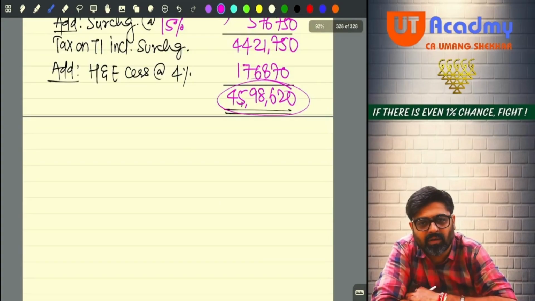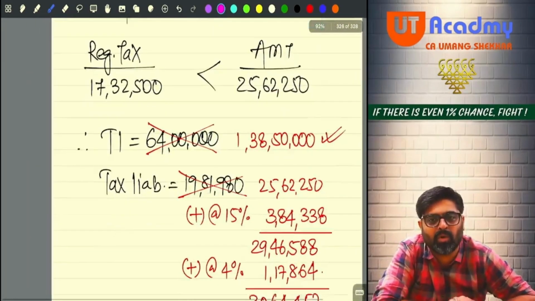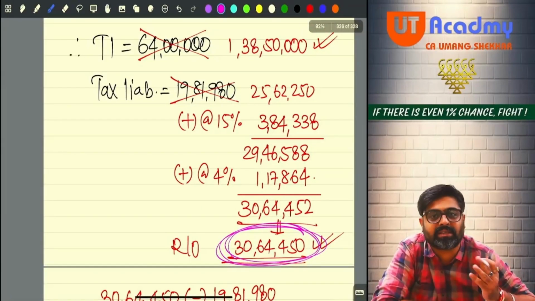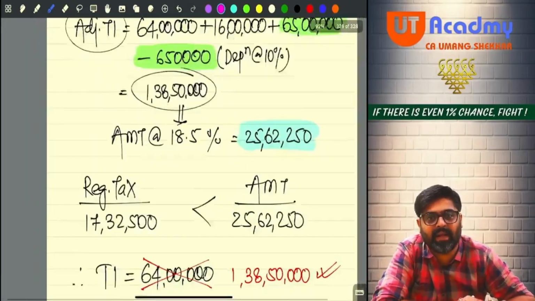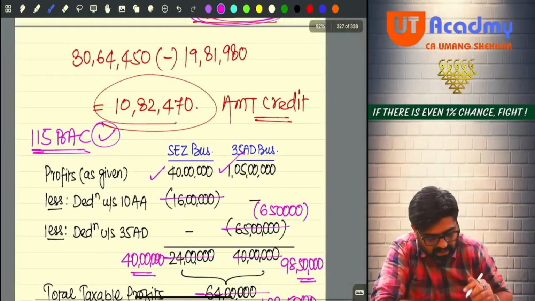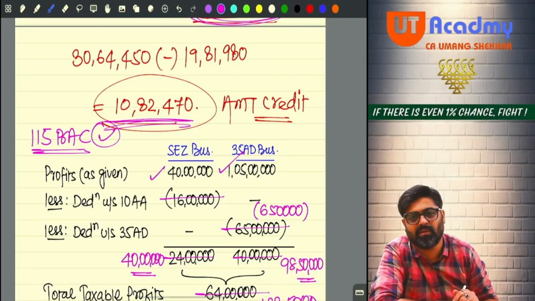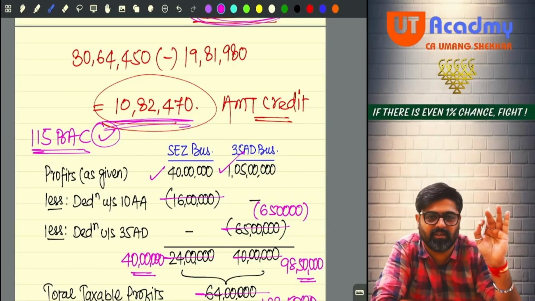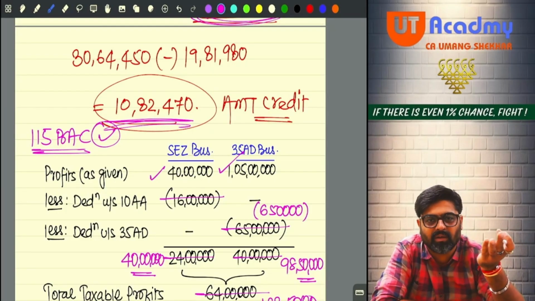And guys, one more thing. Even if the government is taking a higher amount, don't you think that whatever amount extra the government is taking over and above 19,81,980, that amount they are allowing you in the form of AMT credit also. So it is always advisable in such case to tell your assessee, tell your client that, sir, don't go for 115BSC. Yes, shift out.